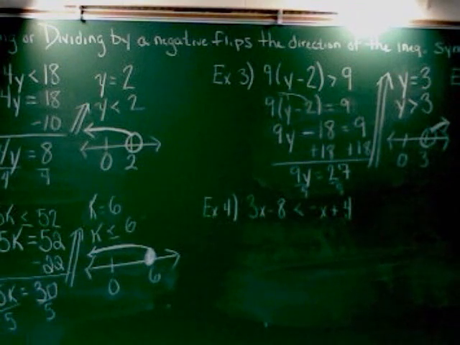In example 4, 3x minus 8 is less than negative x plus 4.